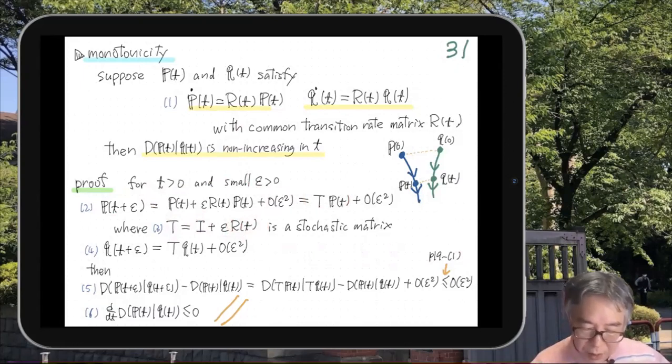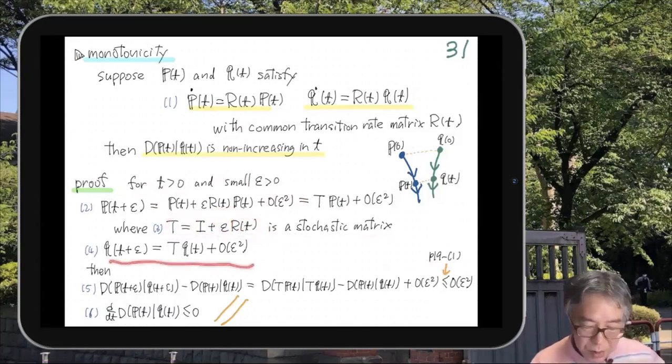As for the diagonal, this can have negative components, but the diagonal part of I is 1. So if epsilon is small enough, the diagonal element is non-negative, and we can make epsilon as small as we want. So we can safely say that this is a stochastic matrix.